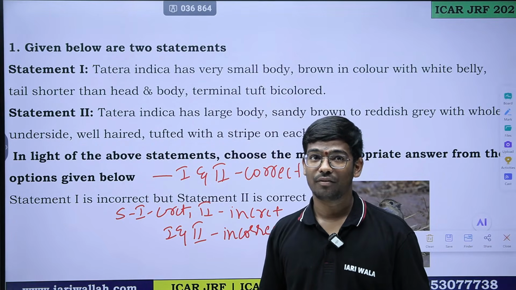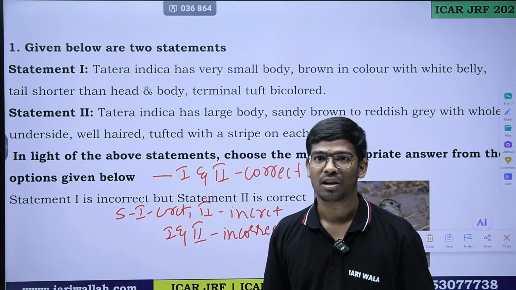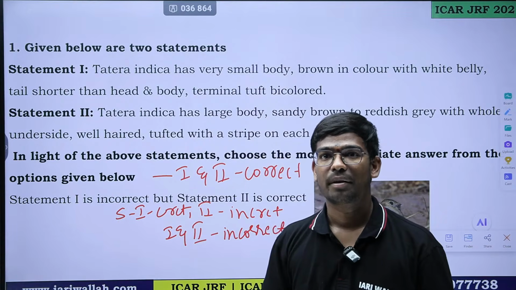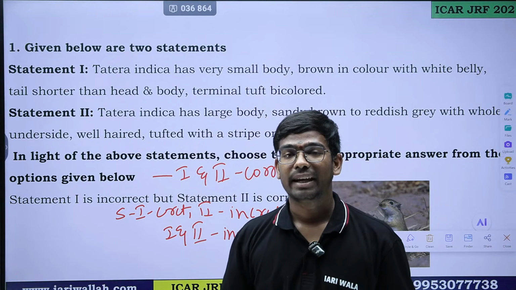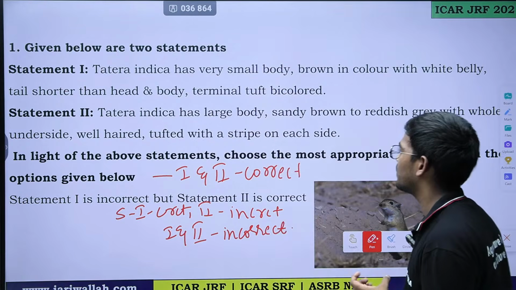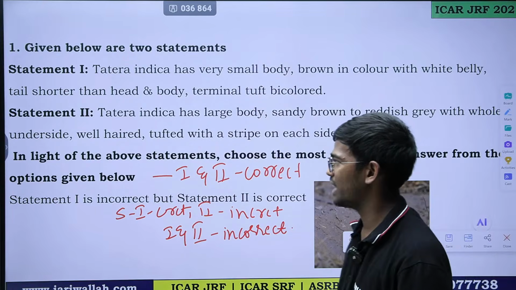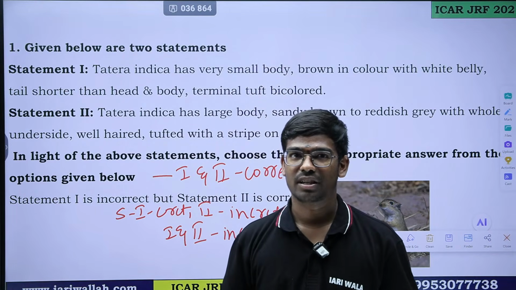For this, first of all, you should know the scientific name and its identification characters. Tatera indica is the Indian gerbil. It has a large body, sandy brown in color to reddish grey with whole underside, and the head is tufted with a stripe on each side.